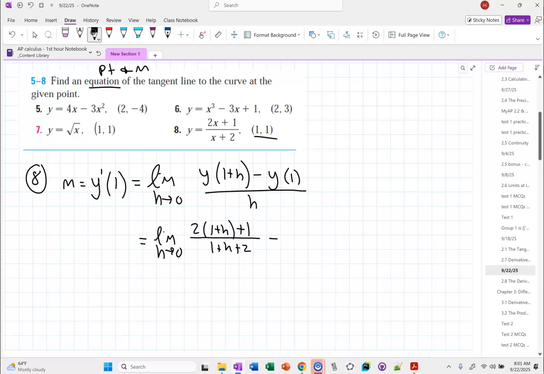Just 1, right? So this is y of 1 over here. You could plug it through, but save yourself the aggravation. Is everybody good with the plugging in that I did? It's kind of like function composition, like when you did it in Algebra 2 and Pre-Calc.